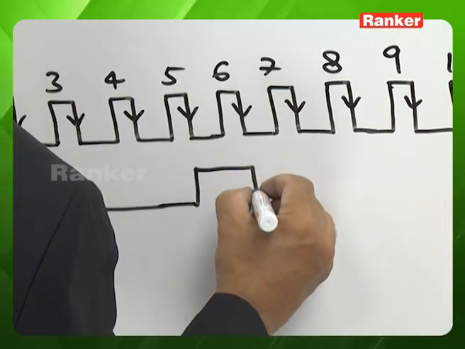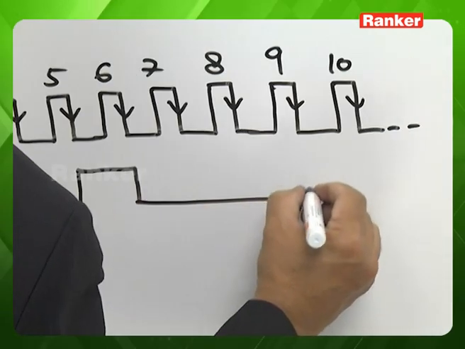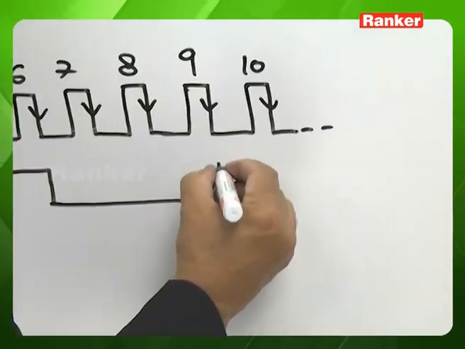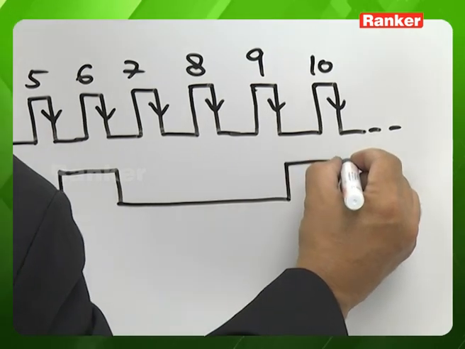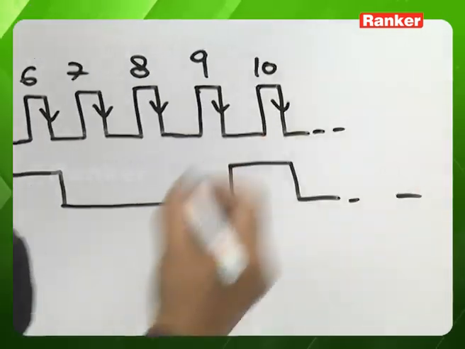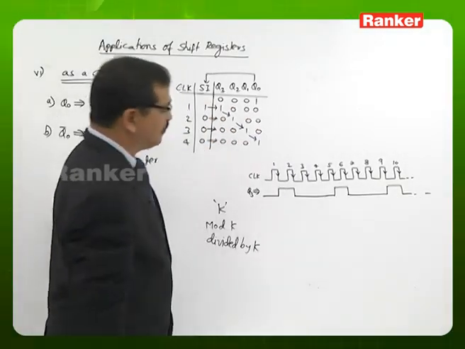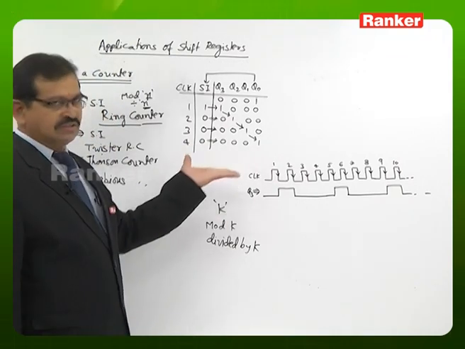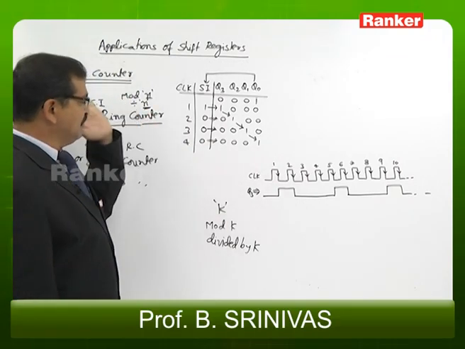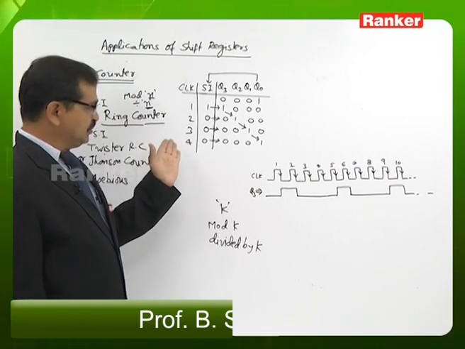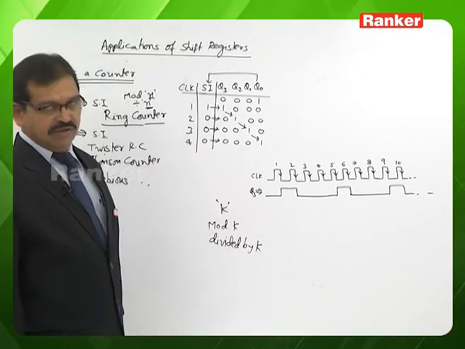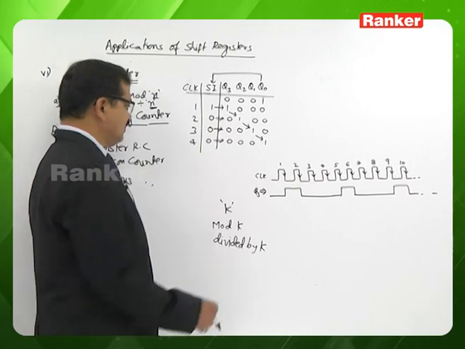After the sixth clock pulse, it is 0. If you apply further, after the ninth clock pulse, once again it is 1. After the 10th clock pulse, it is 0. And so on. This is the Q3 waveform. Of course, we considered the same circuit that we developed at the beginning for serial input, serial output operation. It uses negative edge triggered flip-flops.